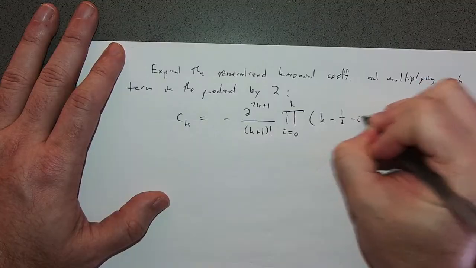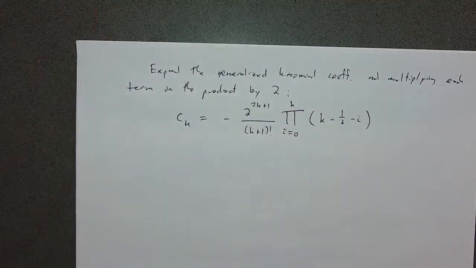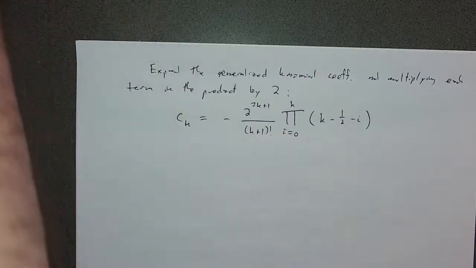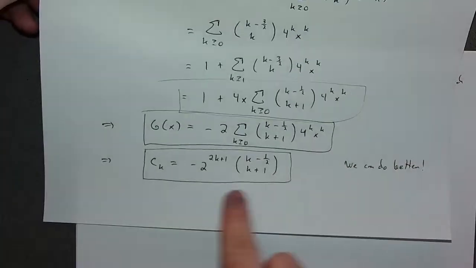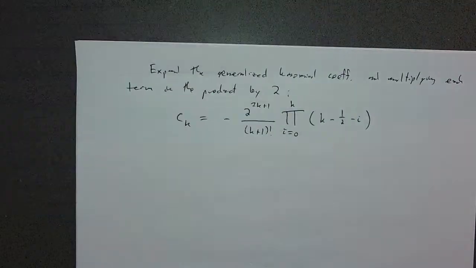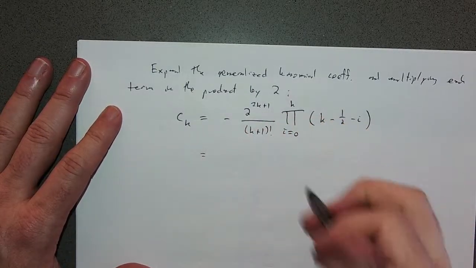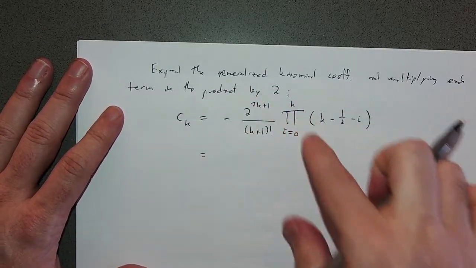This is just me doing what I said here. Expanding the generalized binomial coefficient, expanding this thing directly, and multiplying every term in the product by 2. This is what I get here. I can then distribute one of these 2's here, multiplying every single one of these things by 2.